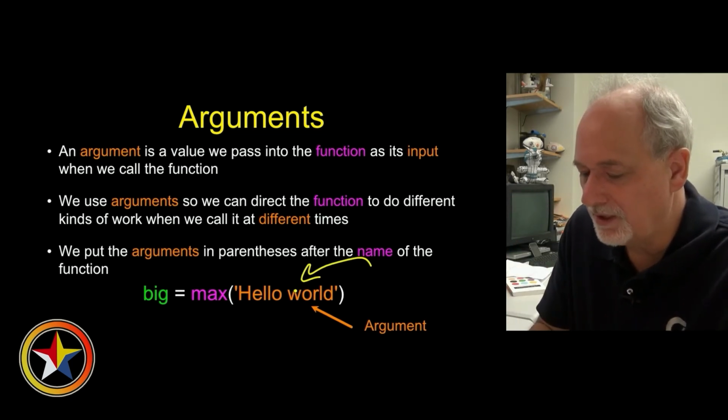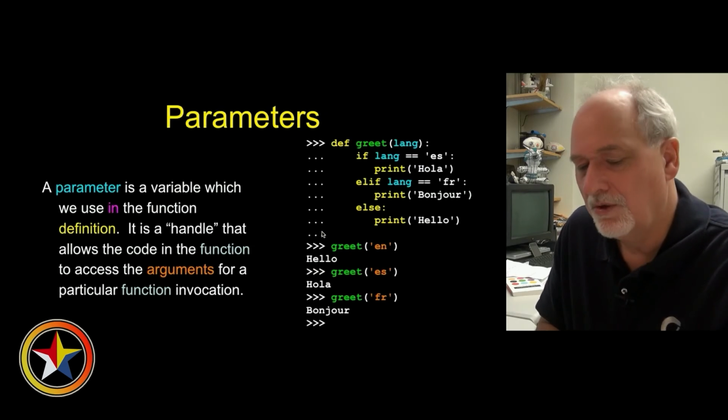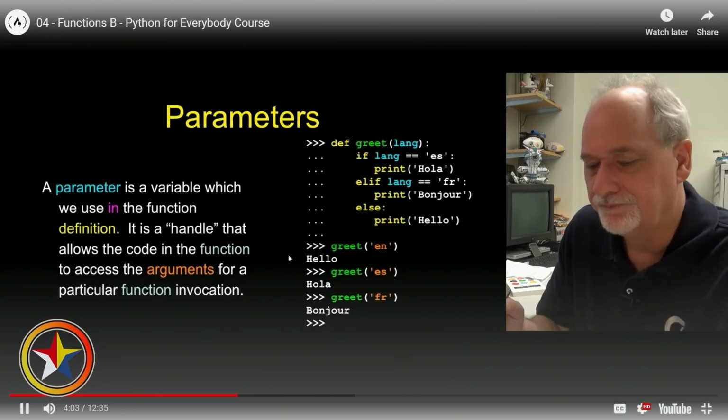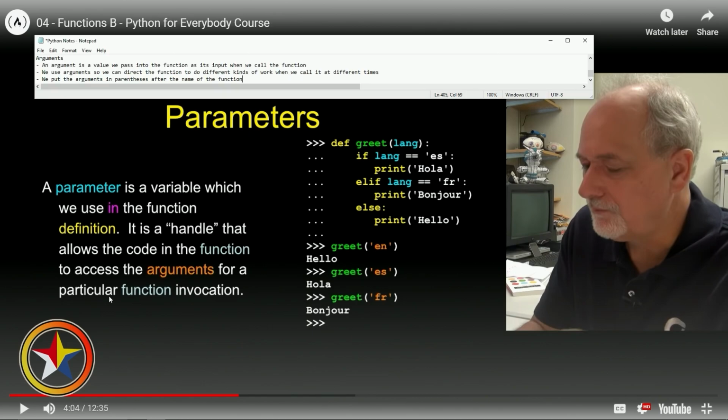So arguments are the thing we pass in, and we define for our functions that we're going to build, we on the def statement. Here it is. And look, it's a P for parameter. I wonder if he did that on purpose. Anyway, parameters. Let's type this up. I bet he did. Because that looks like a P, right?